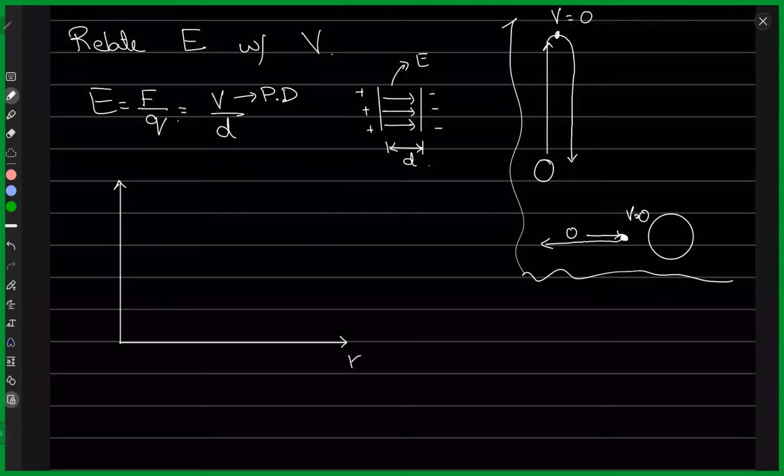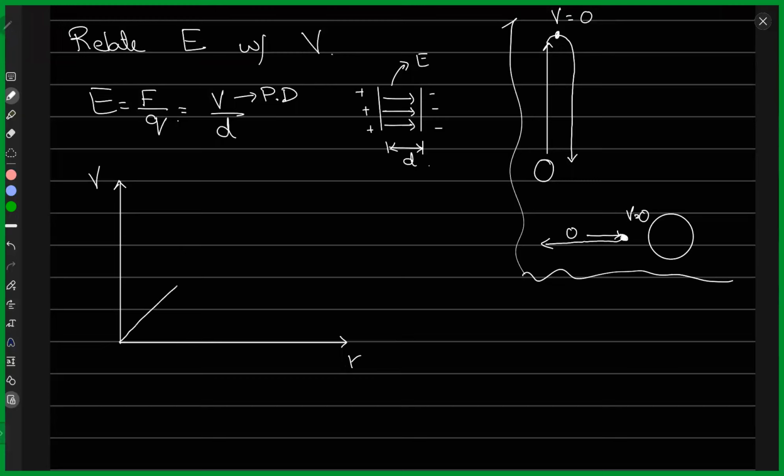Suppose for a parallel plate capacitor, this voltage and distance graph is a linear relationship.